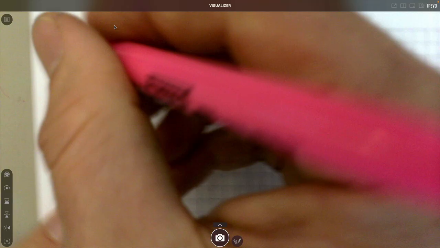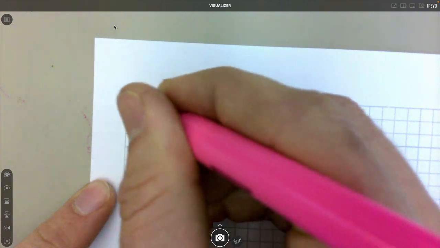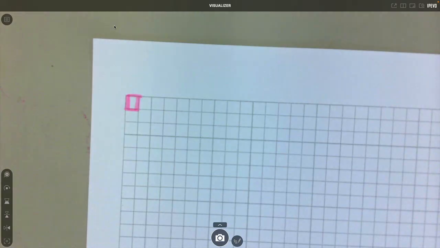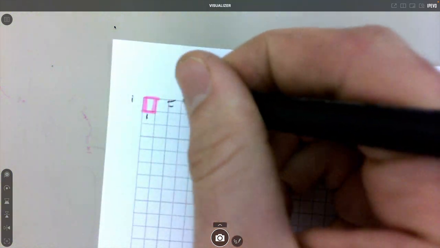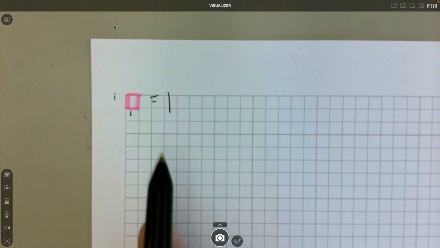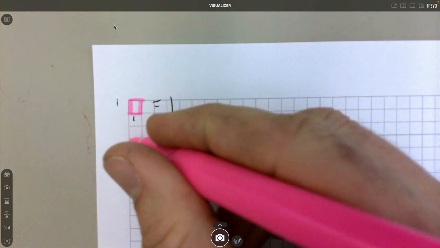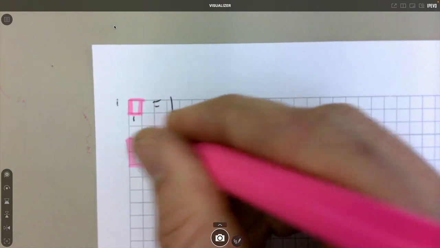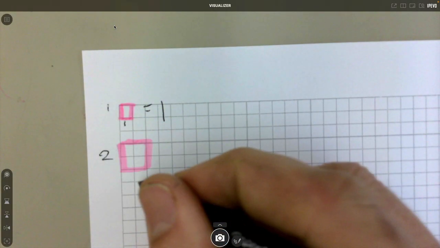I just did 1 times 1, and so I'm going to put 1 box by 1 box. This is a perfect square that's 1. That's my first example. I used 1 by 1. I could then prove another one by doing 2 by 2. This is a perfect square of 4.